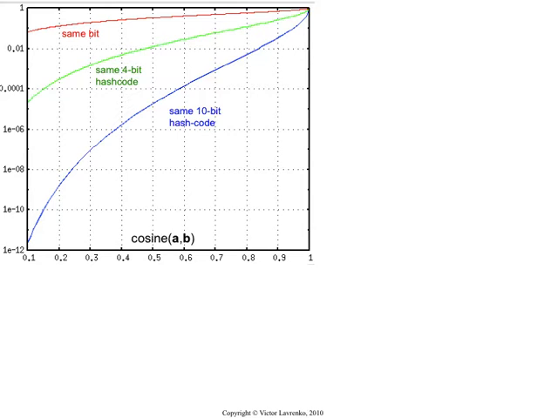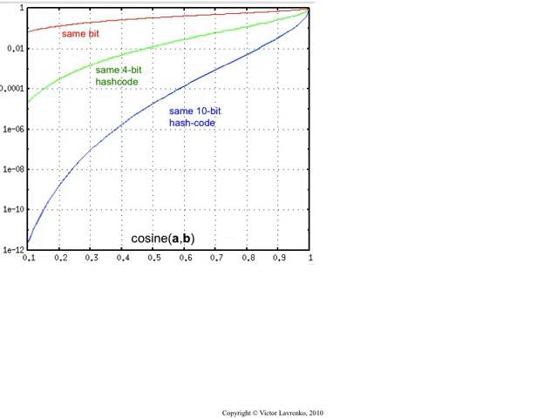Now, if you take it to a 10-bit hash code, you actually have a very small probability. If the cosine of the documents was 0.5, you have a probability of less than 0.0001 that a 10-bit hash code is the same for those two documents.